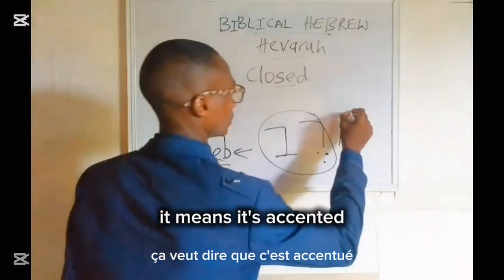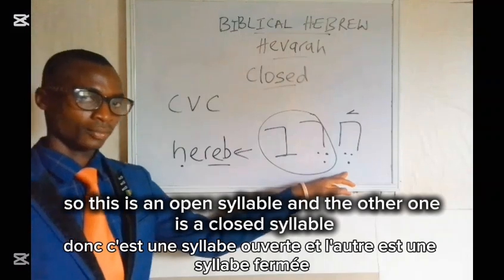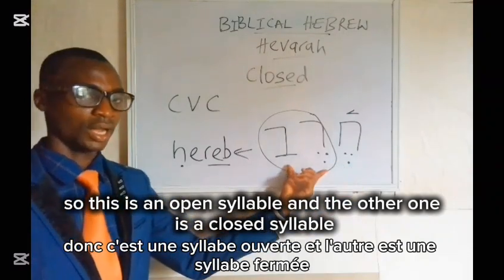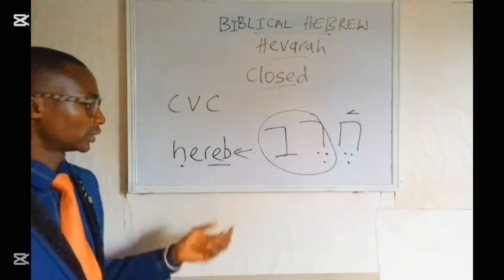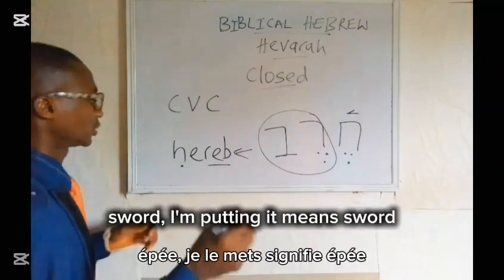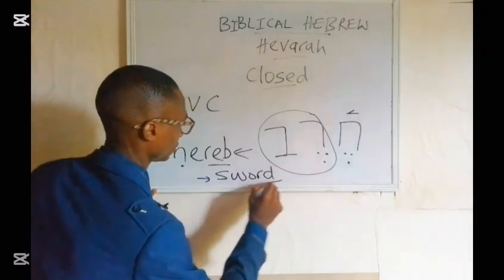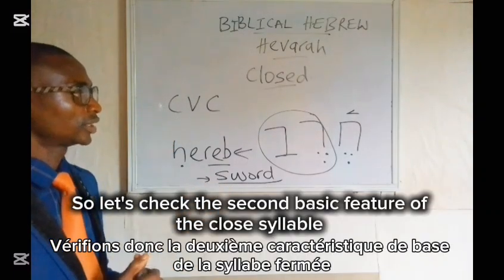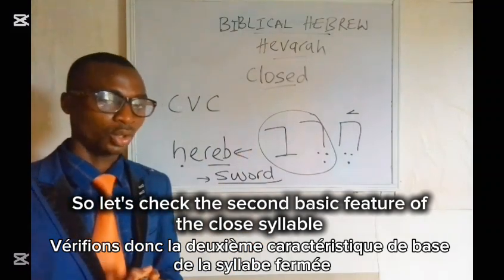It's accented. So this is an open syllable, and the other one is a closed syllable. Ereb means sword. Alright, so let's check the second basic feature of the closed syllable.